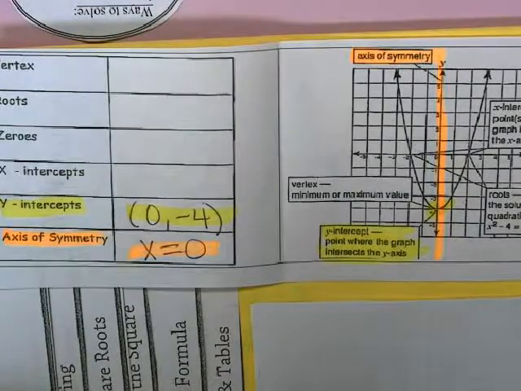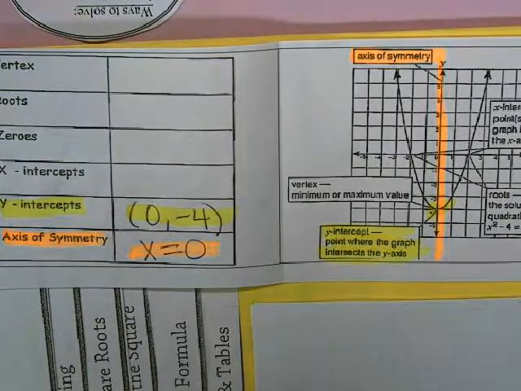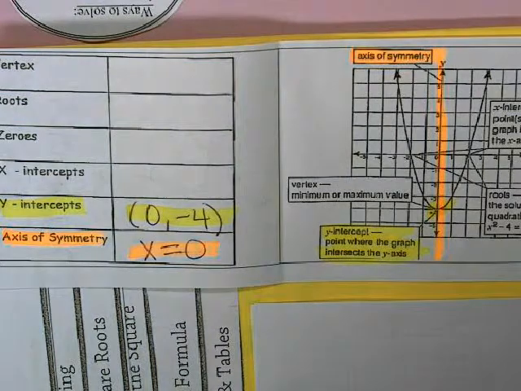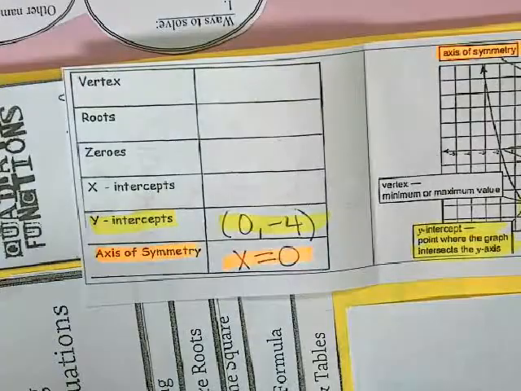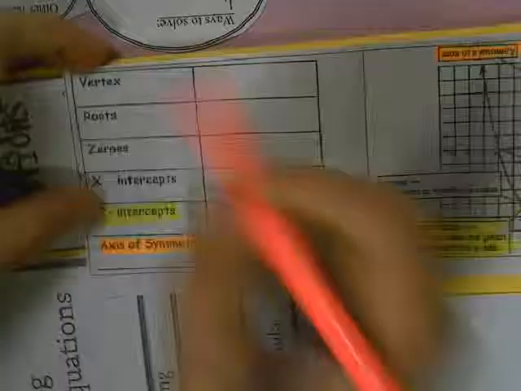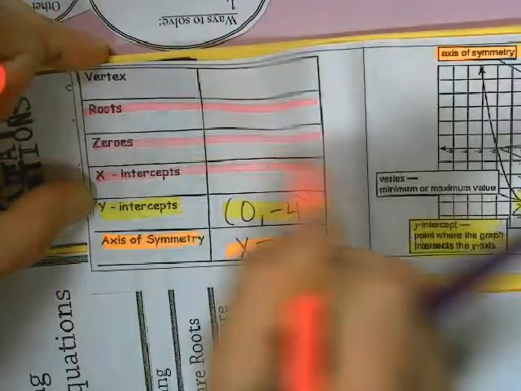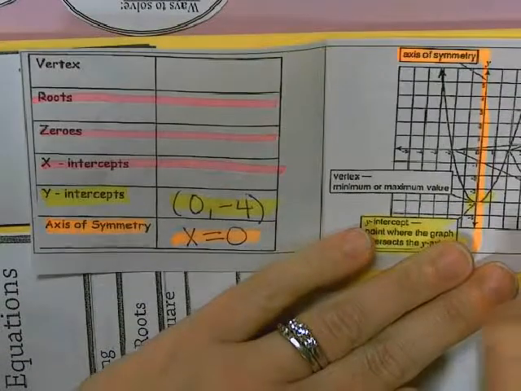Alright, the next thing we're going to talk about is roots, zeros, solutions, and x-intercepts. Those are all exactly the same thing. So I'm going to color them all the same.